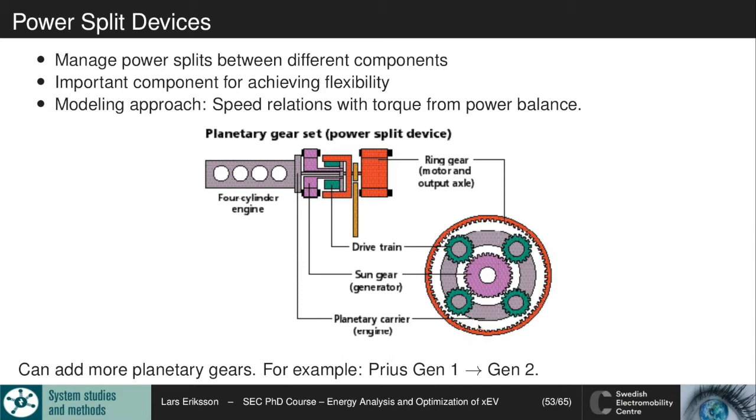And with the planetary carrier and the generator sitting here, we can decouple the output axle to the engine, so that with loading on the generator we can get a decoupling between the output shaft and the input shaft. So we can get a continuously variable transmission ratio by controlling this device, so that we can optimize the engine operation to the most favorable points.